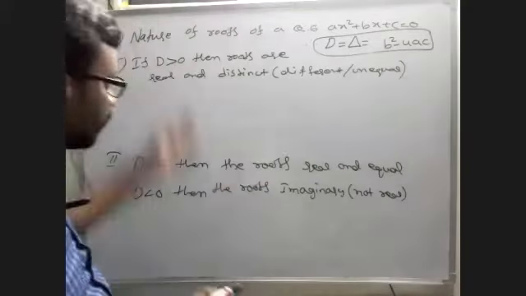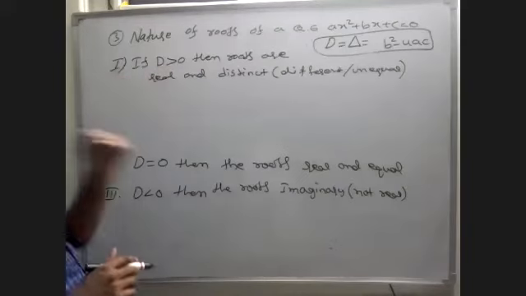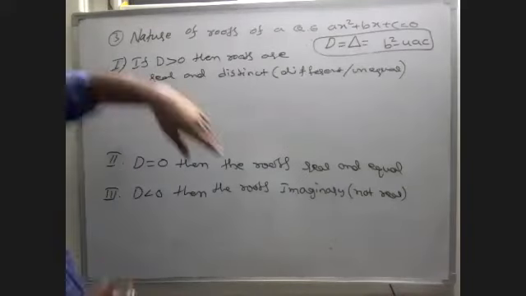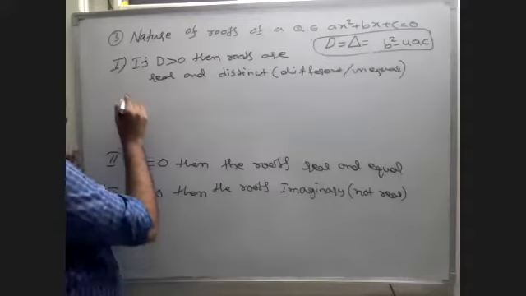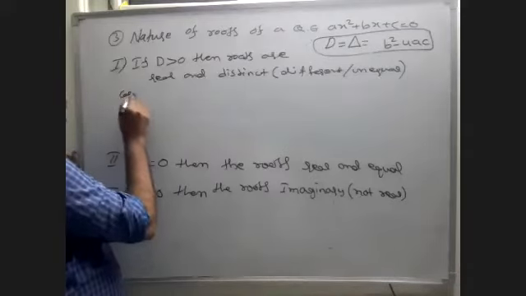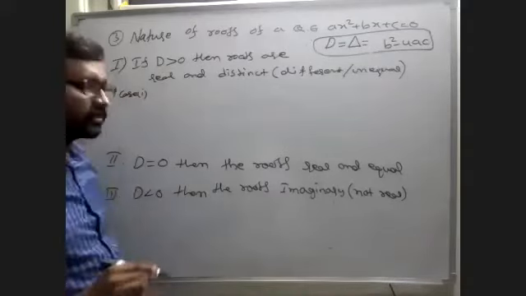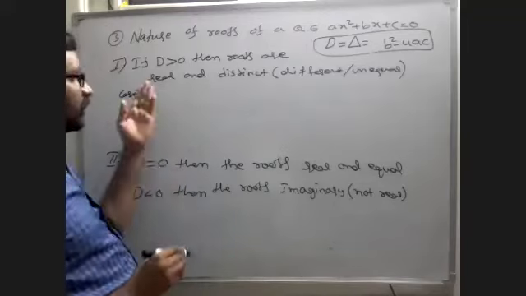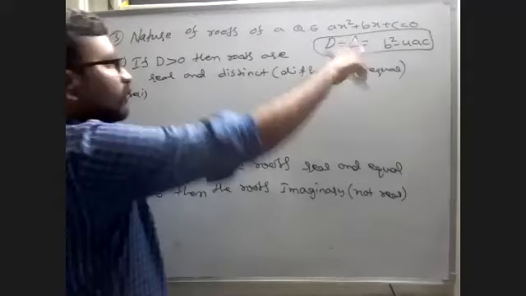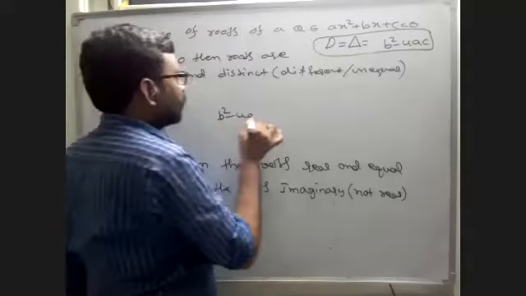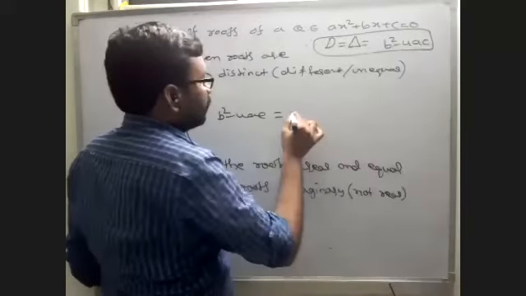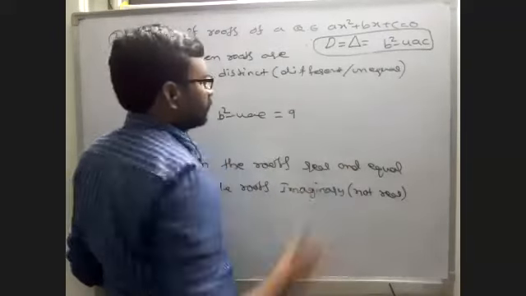These three are the conditions, but in case 1 we have 2 more sub cases. See, suppose by solving that b square minus 4ac, sometimes you will get 9.